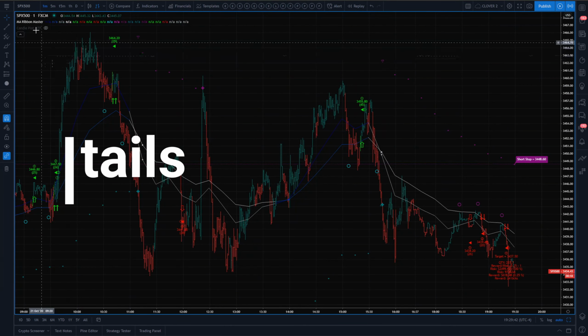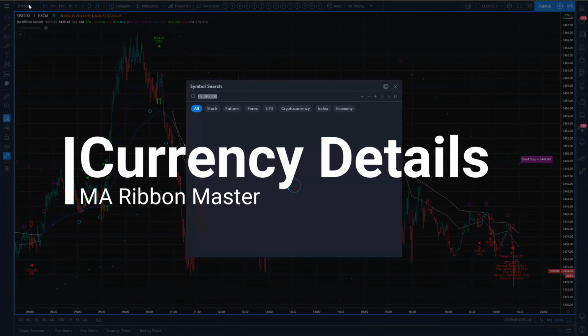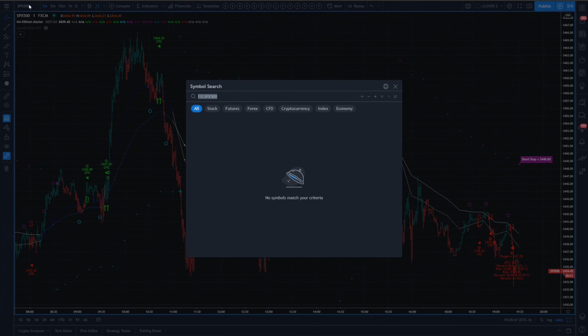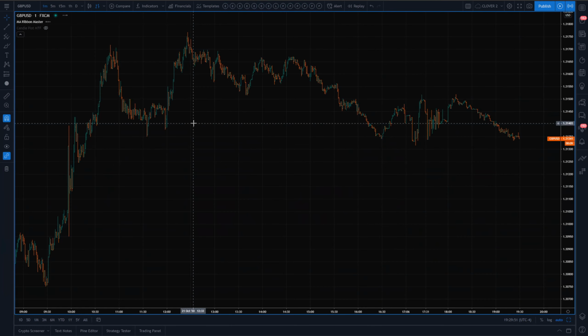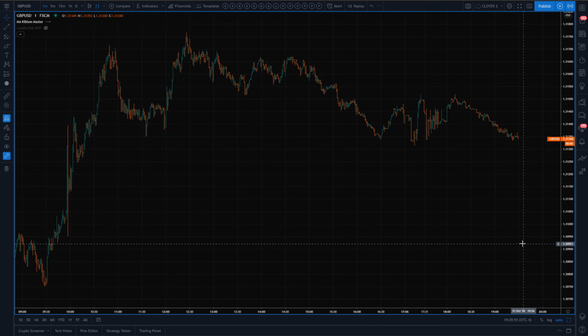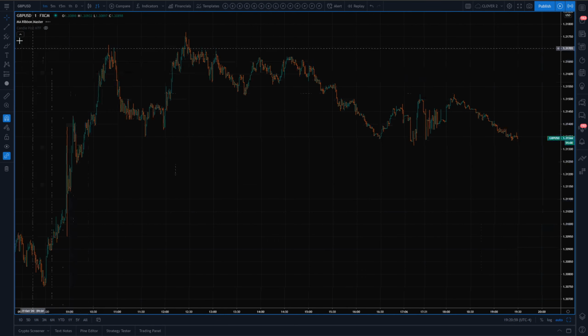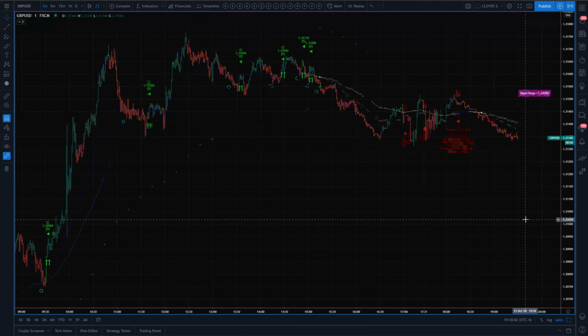One of the other things that we can look at is if I say go into GBP USD FXCM. Let's see what this does. Now I am dealing with an instrument that is in British pounds.